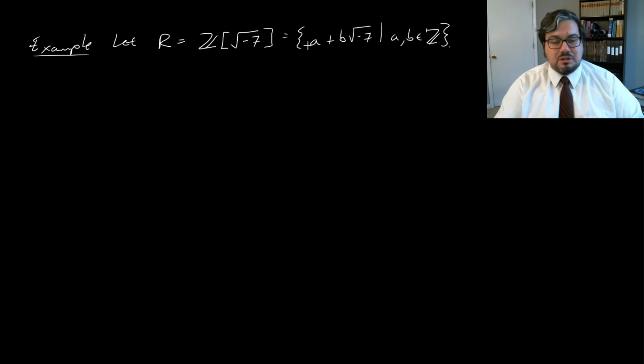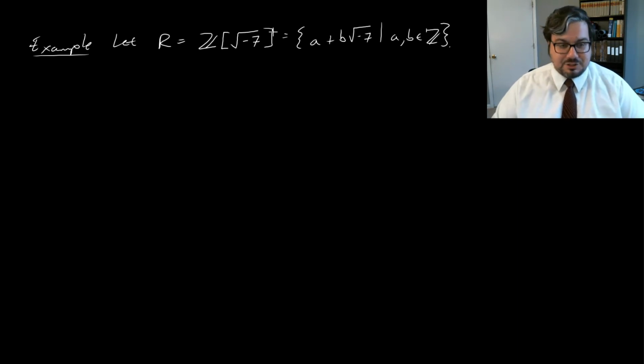And addition and multiplication are handled in the standard way, with the note that if you take the square root of -7 times the square root of -7, then you get -7. So this is an interesting ring. We can see it as a sub-ring of the complex numbers, where we include all the integers and some element of the complex numbers whose square is -7, and then form the ring of all possible combinations of those.